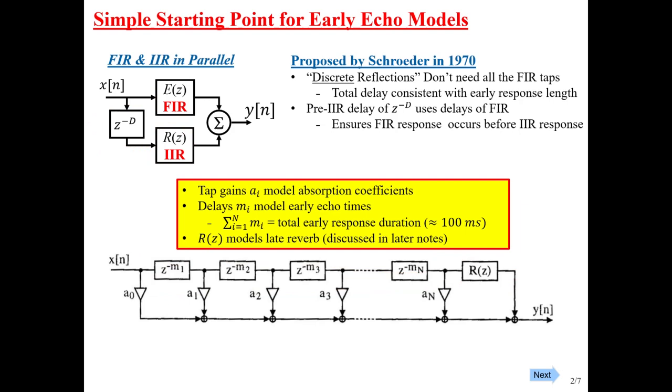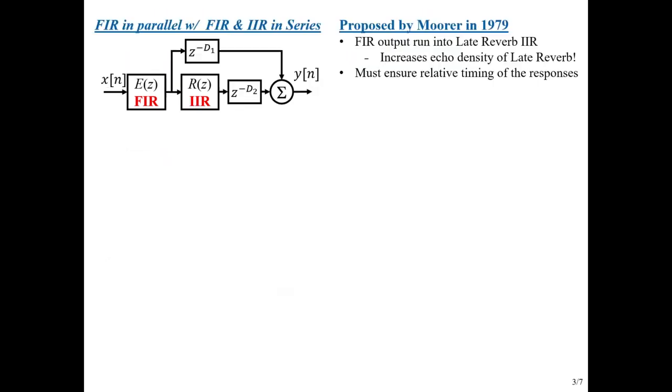And because nothing gets to go into here until it gets all the way through here, the reverb part does not start until the early echo part ends. So that's the idea. Okay, so that was one structure.